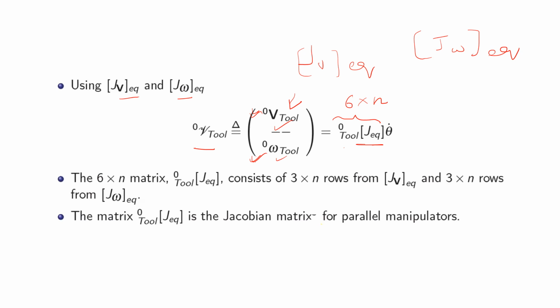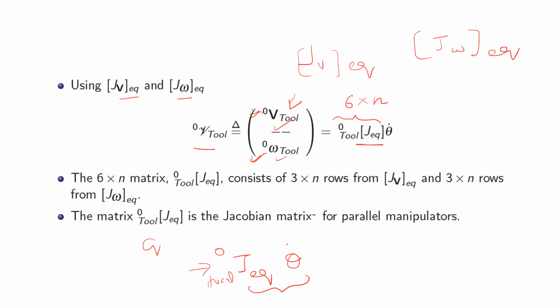This J equivalent of the tool to 0 is a function of q, of the configuration. So at every configuration, this particular J equivalent will be different. If I give you theta dot, you can multiply it with this J equivalent, and then you can obtain the linear and the angular velocity of the tool.